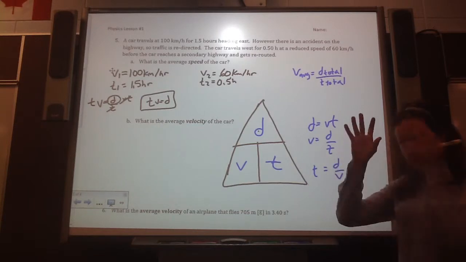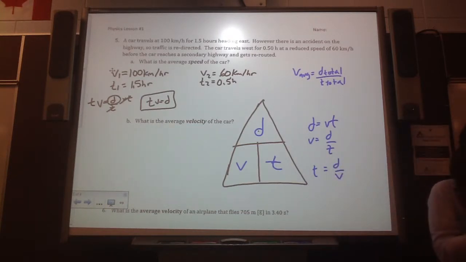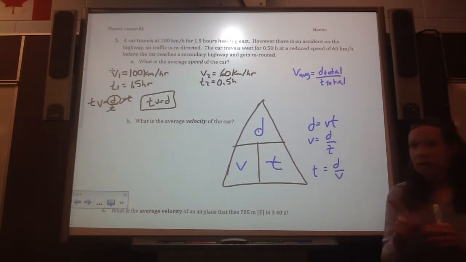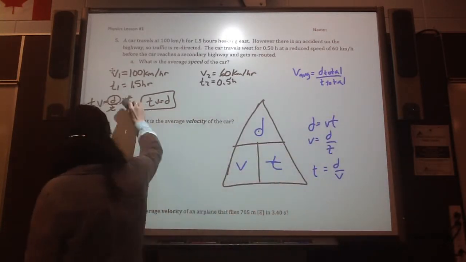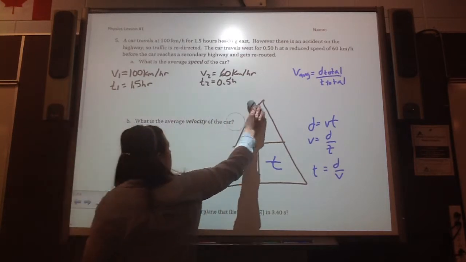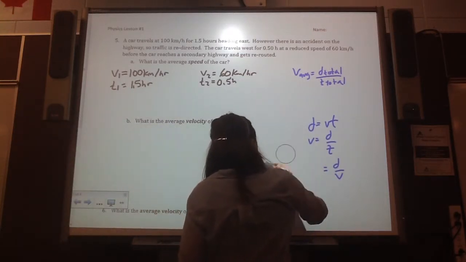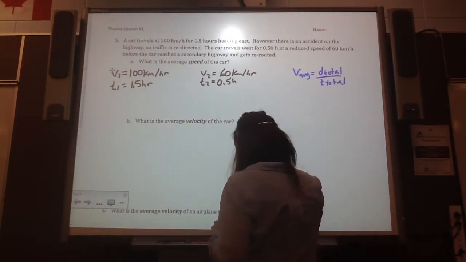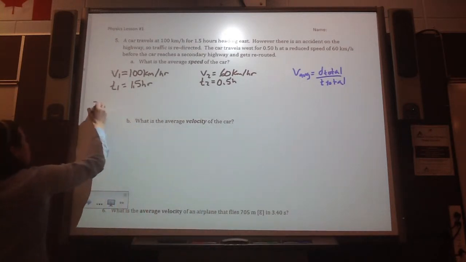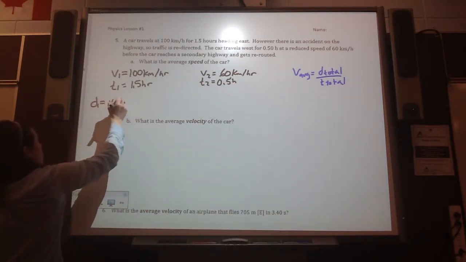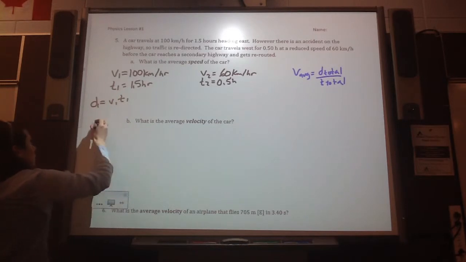Okay, so anyways, now getting back to this concept of finding D, finding each D for each of these scenarios. So D1 is equal to V1 times T1.